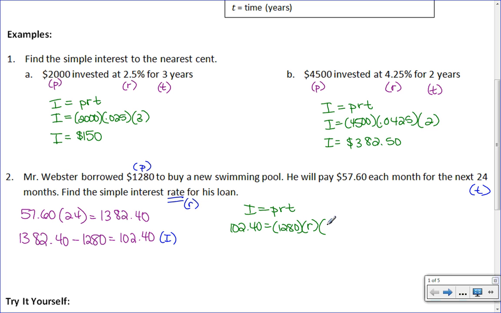Remember, we want that as years, so that would be 2. Alright, and we will just solve this just like a regular equation. So this is 102.40. We'll multiply those two numbers to get 2560. Don't forget the R. And then to get the R by itself, we will divide both sides by 2560.